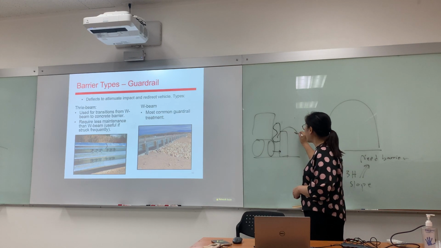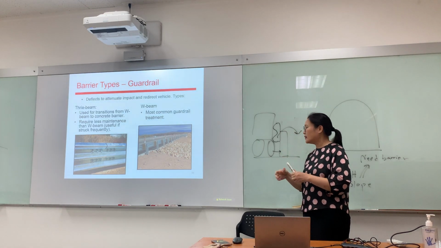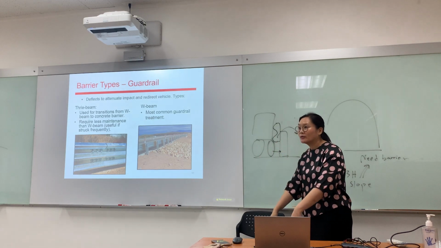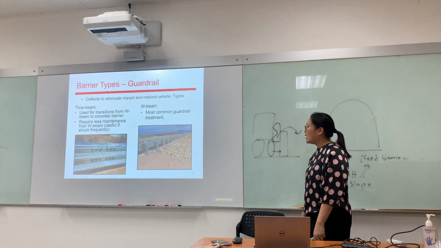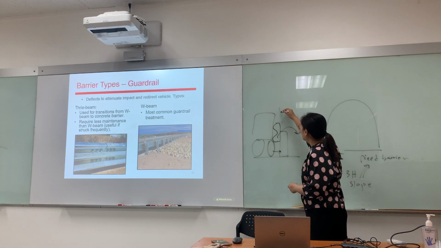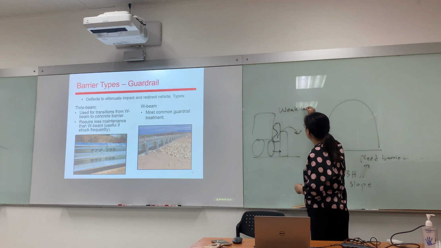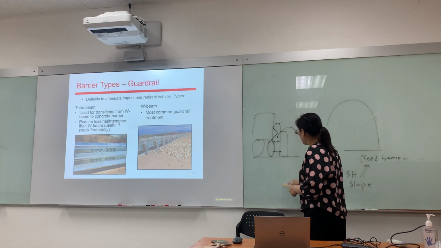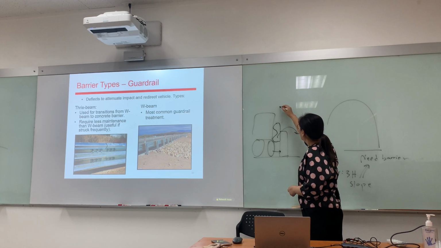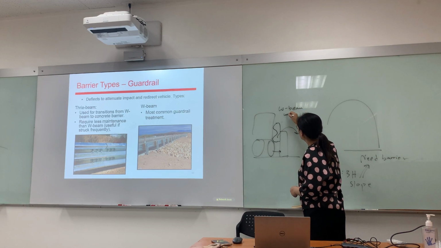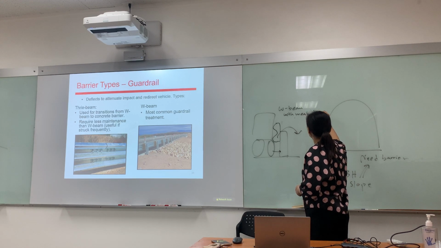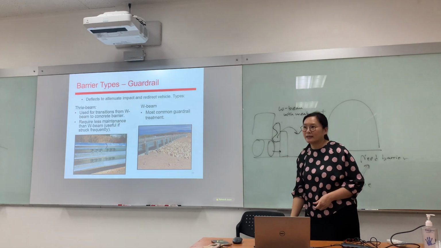The post will fall down. When the post falls down, all the beam falls down too, right? So we call it weak W-beam, I would say W-beam with weak post. The weak post is something like this.